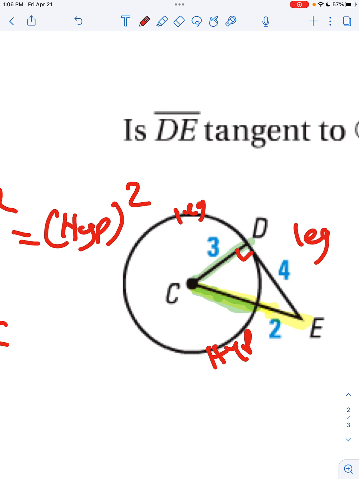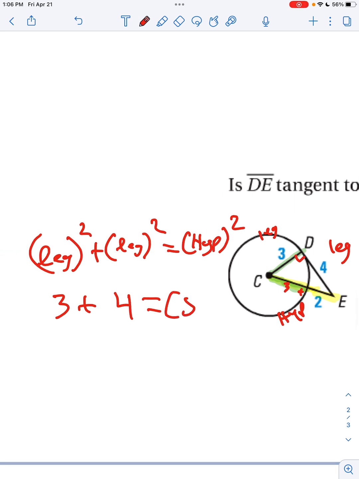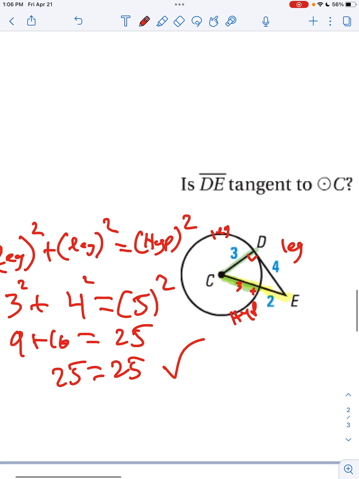And we know that the radius is always the same inside the same circle. So really, 3 plus 2, my hypotenuse is going to be 5. 3 squared is 9. 4 squared is 16. That equals 25. 25 equals 25. Cha-ching. So, yes, it is tangent.